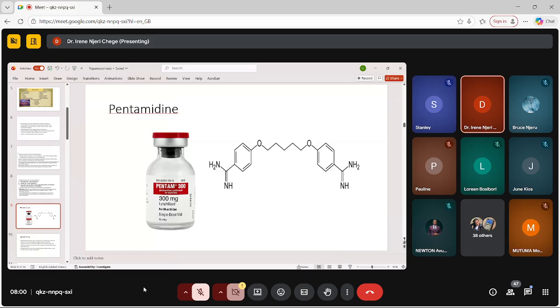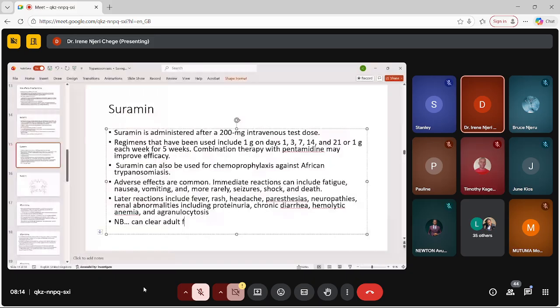As a note, we can clear adult filarial worms, filaria in onchocercosis.